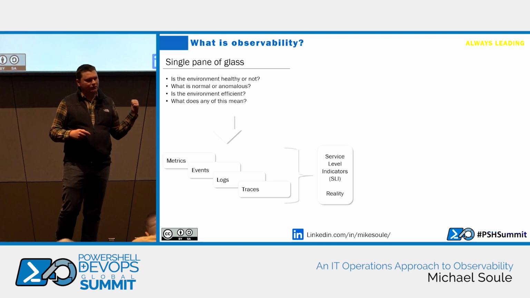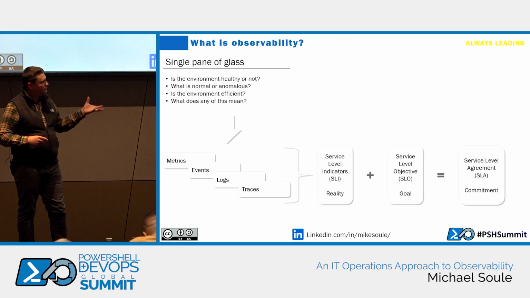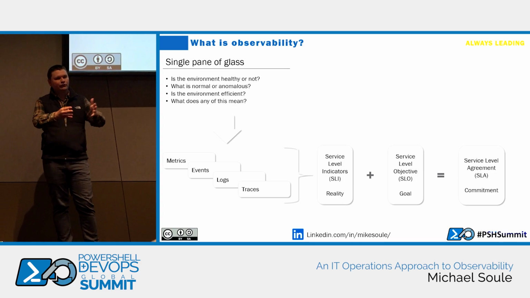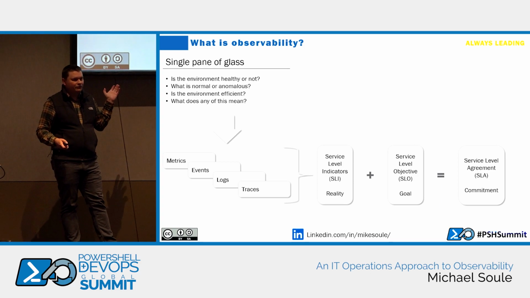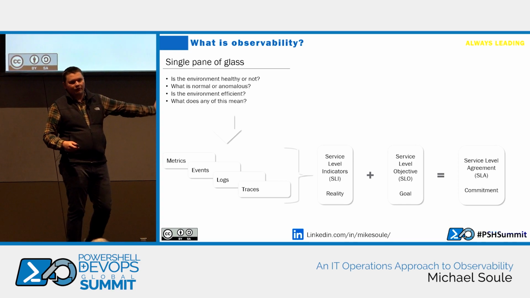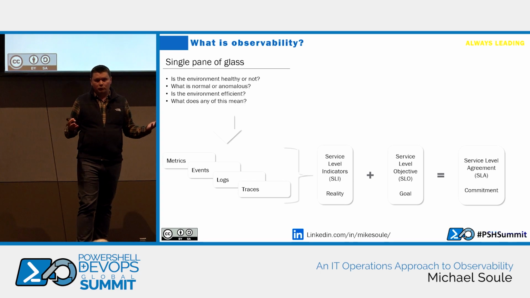And your service level indicators are the reality of your objectives. So if we're committing to this outward agreement, ultimately our agreement is setting a goal, our objective, and we need our indicators to tell us what the reality is.